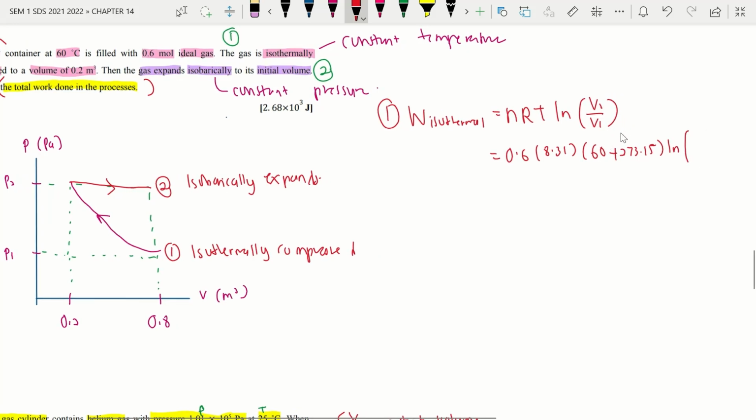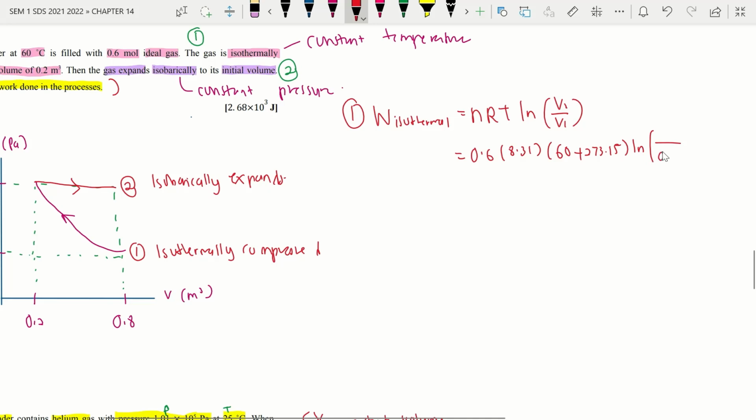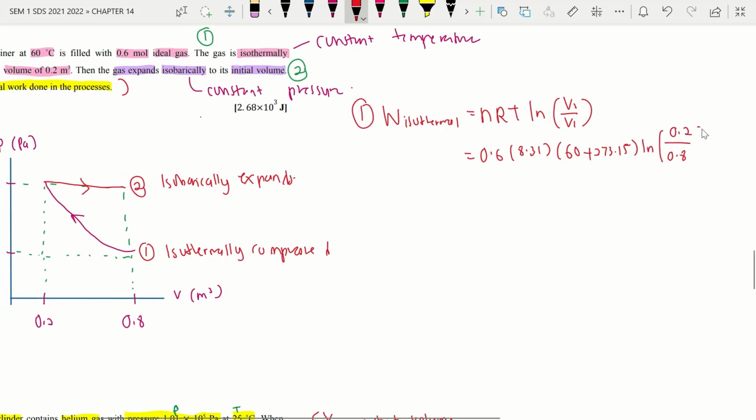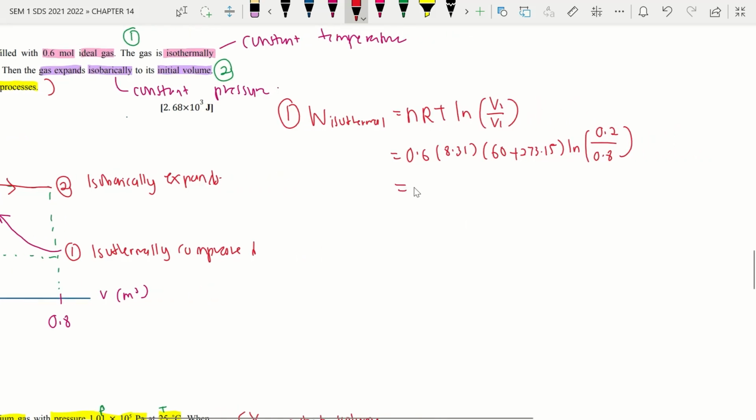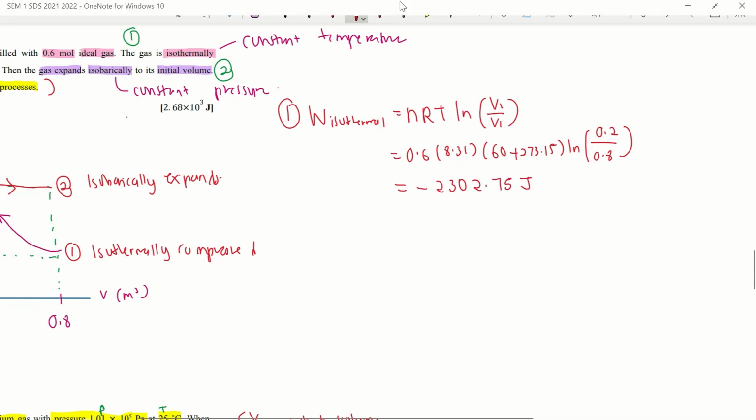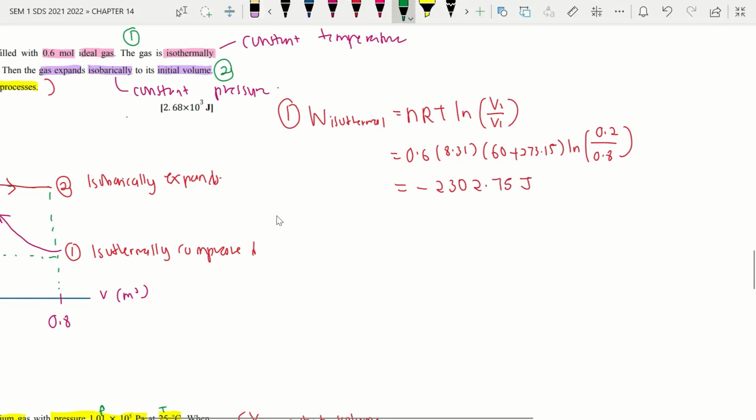Your initial volume is 0.8 while your final volume is 0.2 because it is compressed. So when it's compressed, it's from bigger volume to smaller volume. And when you press your calculator, you will get your work done negative 2302.75 joule. So we are done looking for the work done for the first process.